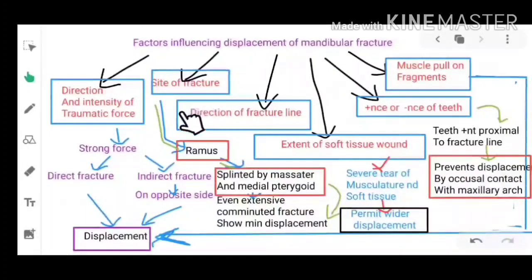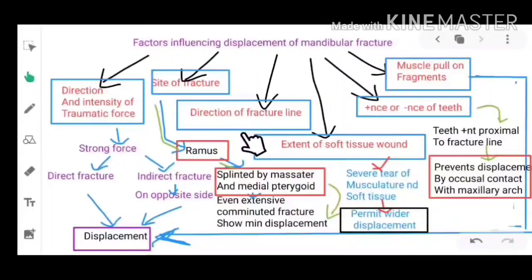Third, site of fracture. For example, if the site of fracture is the ramus, then we know that the ramus is splinted by the masseter and medial pterygoid on both sides, due to which even with the presence of extensive comminuted fracture, there is minimal displacement of the fragments.